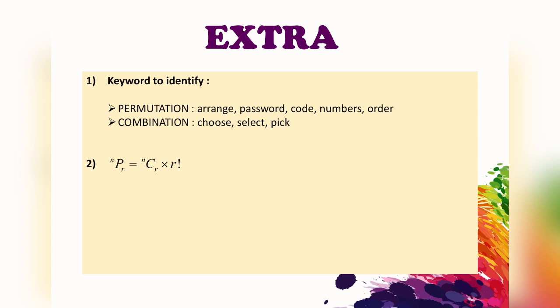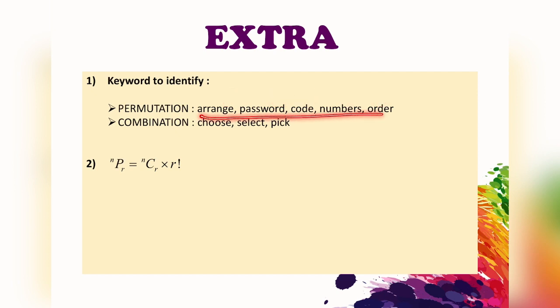So this is actually an extra note for permutation and combinations. To differentiate between permutation and combinations, we are looking for the keywords choose and arrange. For permutation, we look for the keywords arrange, order, password, code, and numbers.